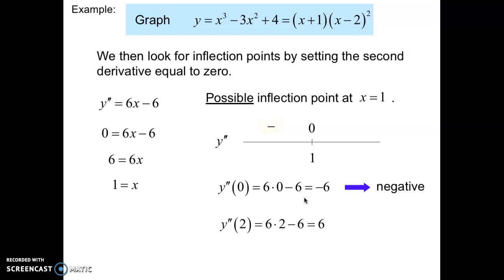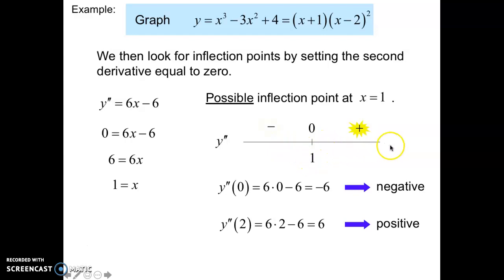Then I pick a point on the other side of the possible point of inflection, and I get a positive value. So what does this tell me? The second derivative is negative here, which tells me the original curve is concave down until 1.